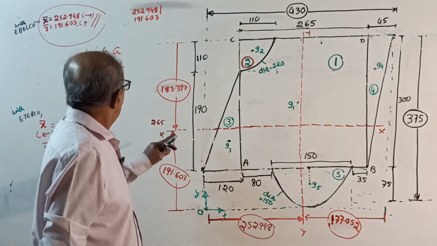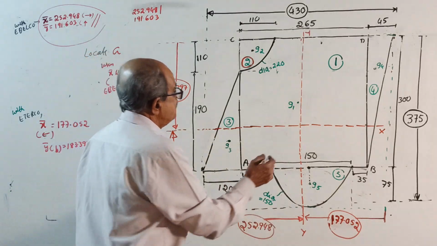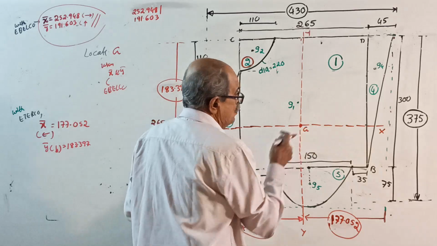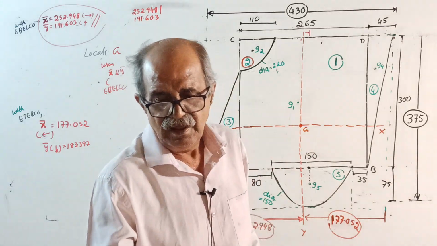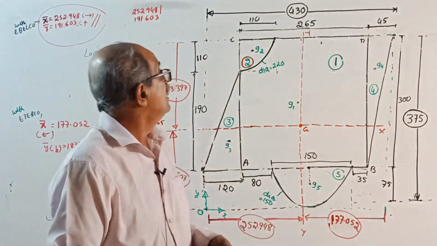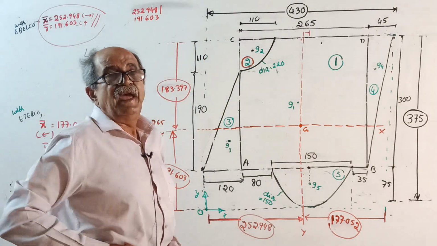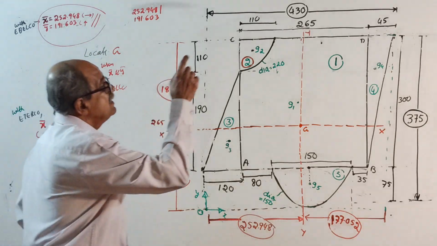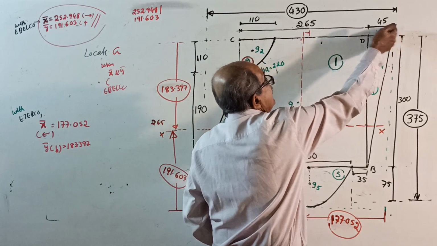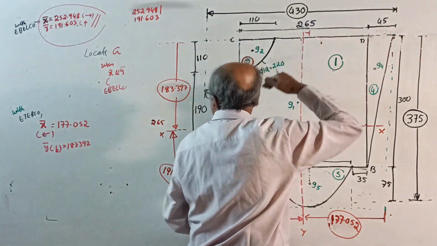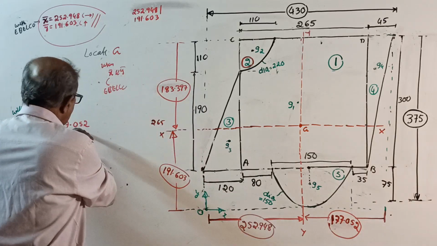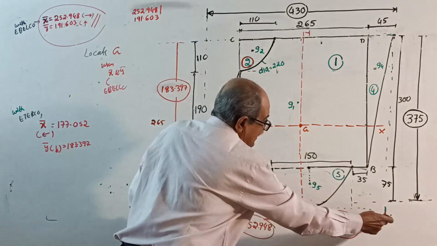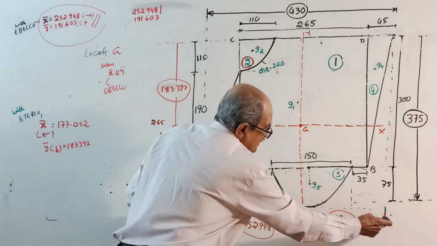Okay. Over. Now, centroid is here. This is the x, x, y, y. Now do one thing. Those people who solve with Aterco, their x bar is from here. They get 177.052. Oh, see there. Exactly correct.